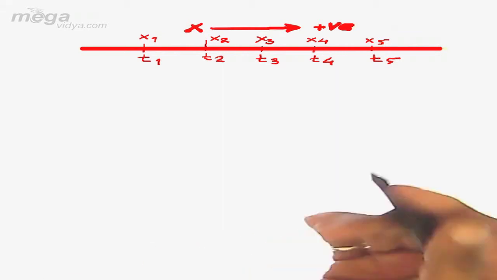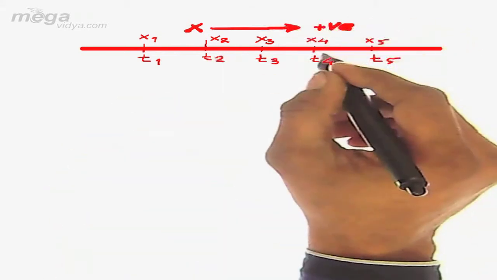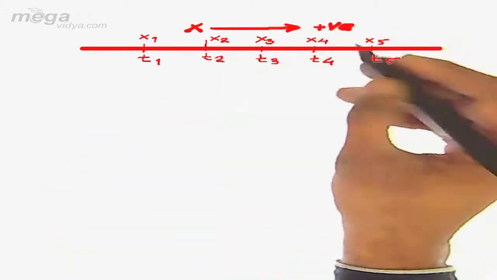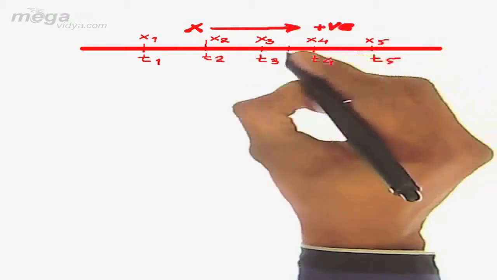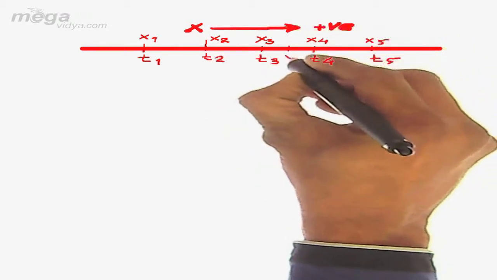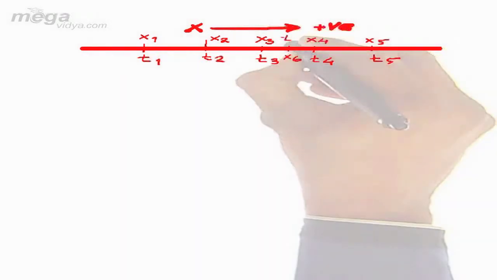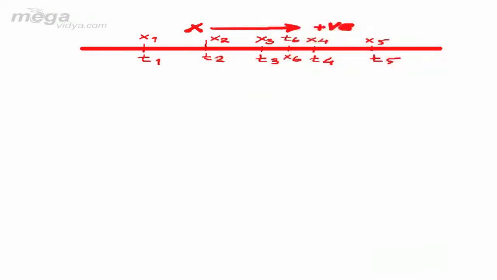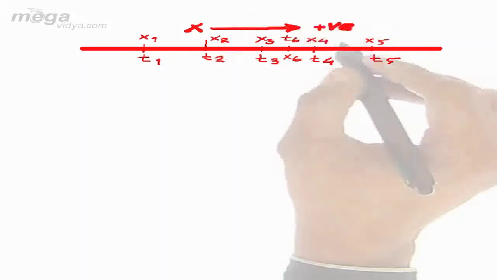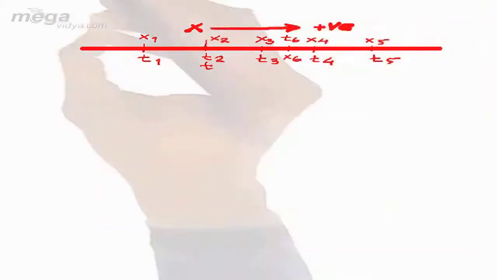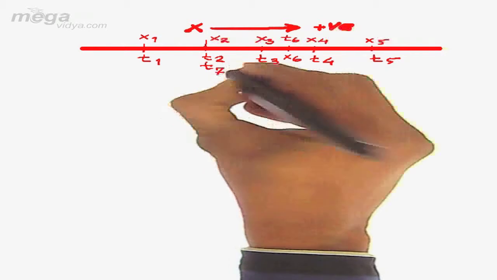Say after t5 the particle again comes to this position, x6, and here the time is t6. If the particle keeps going towards the negative x direction, at time t7 it returns back to x2 and so on.